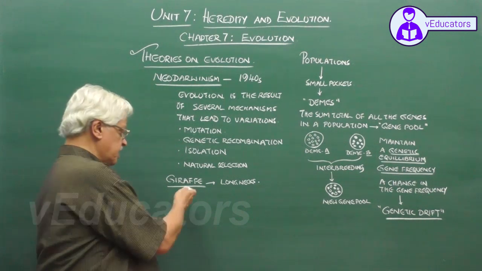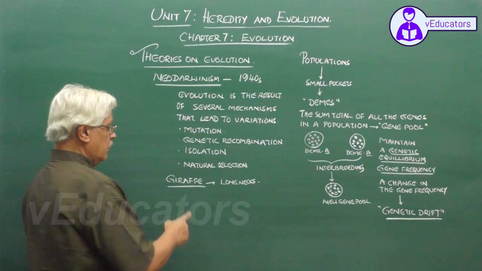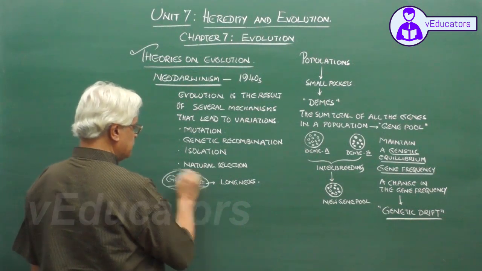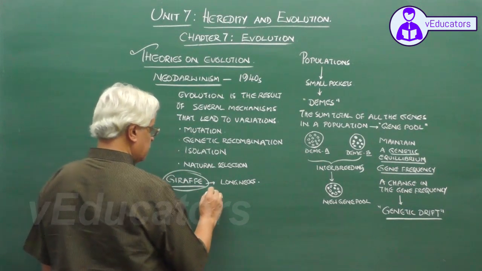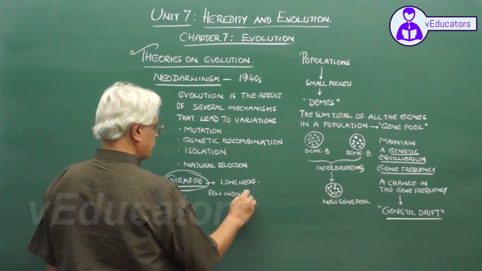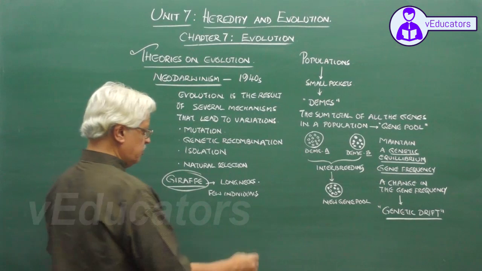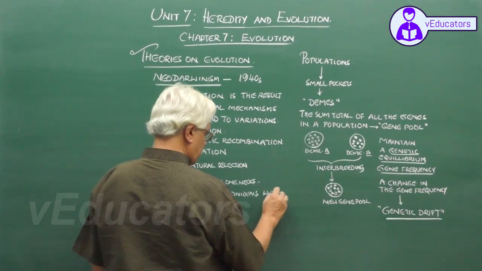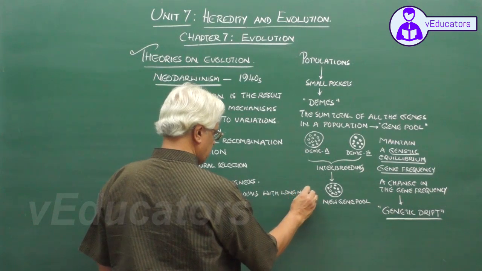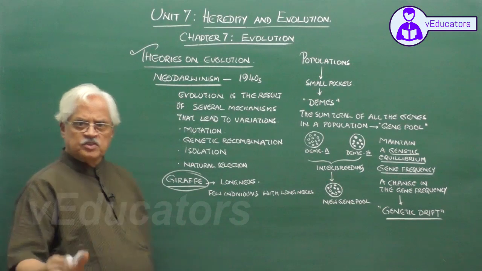Suppose we examine this example in the light of Darwinism. According to Darwinism, in the population of giraffes, there were a few individuals with long necks. This was a variation.